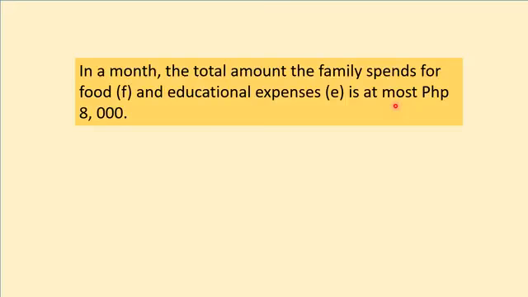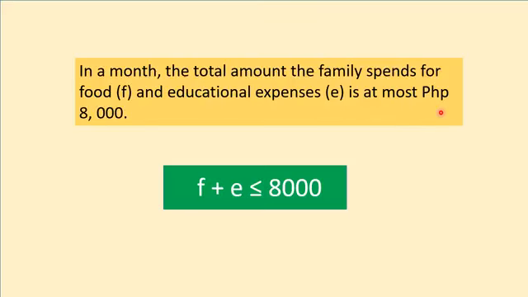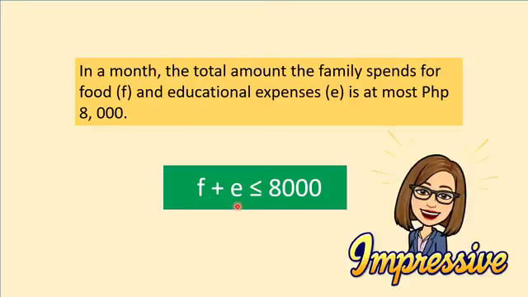So the formulated mathematical sentence we have from this English sentence is F plus E less than or equal to 8,000, where F is represented by food and E is the educational expenses.